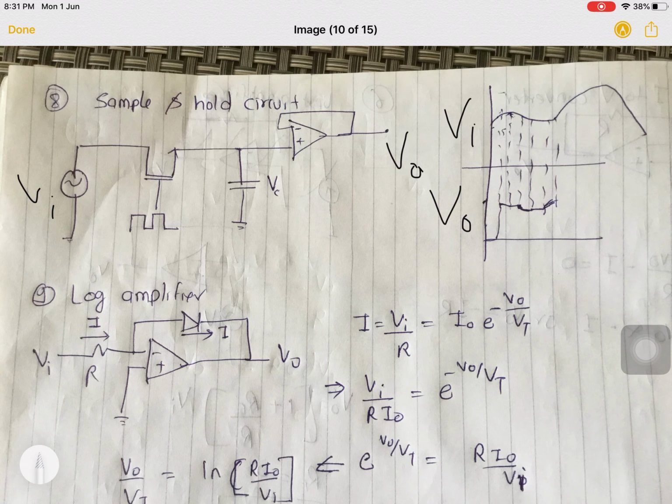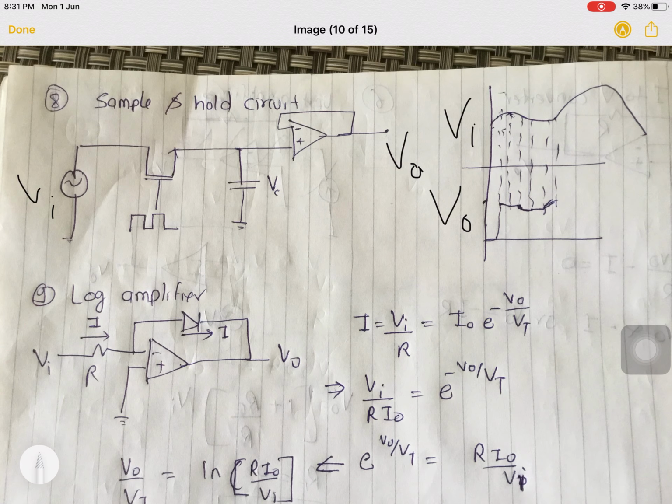As soon as we remove the pulse, it becomes an open circuit, so the capacitor cannot discharge. The remaining part is the op-amp unity gain amplifier. So whatever voltage is at this point, we will get the same at this one. This is the dotted line. The dotted line in the graph, between Vi and VO, indicates the value at which the pulse is being applied.